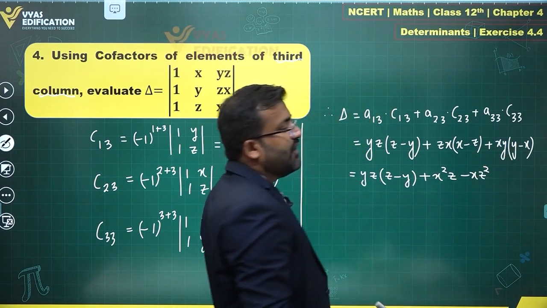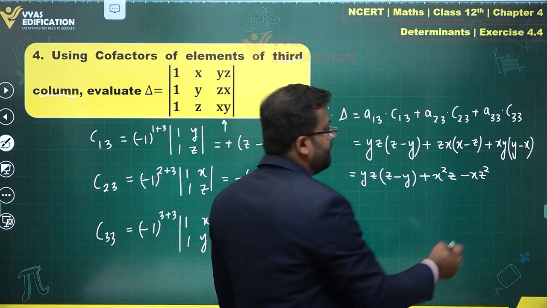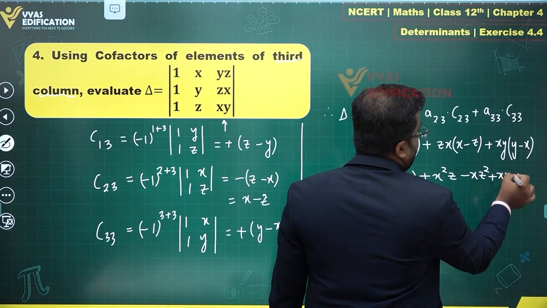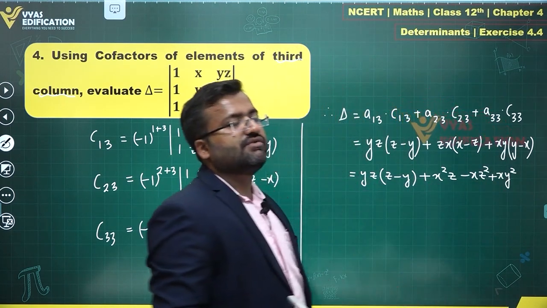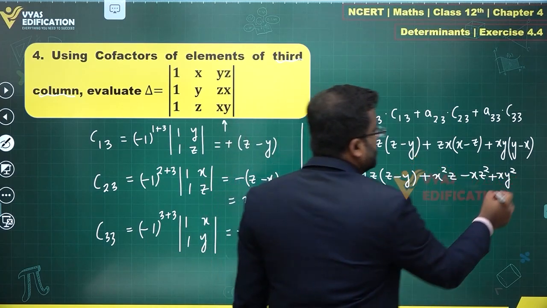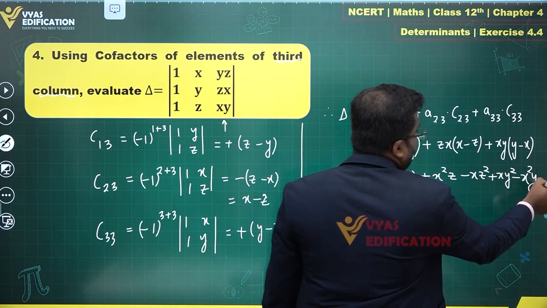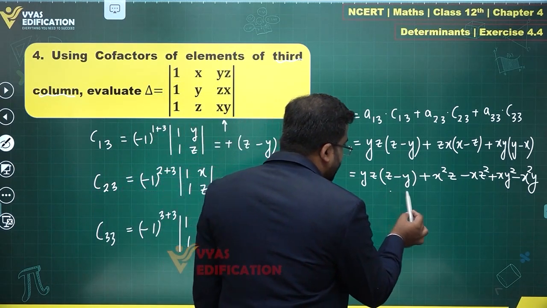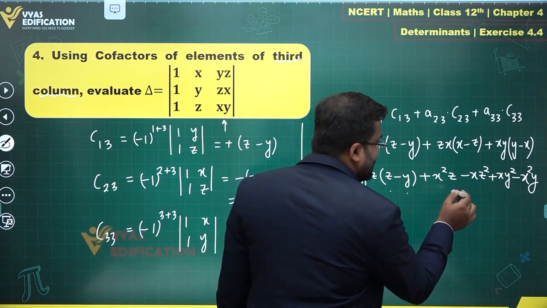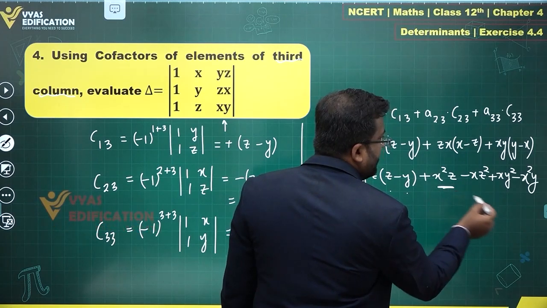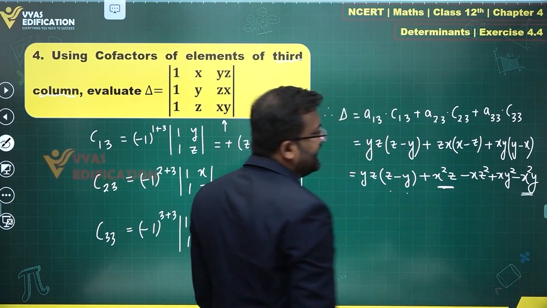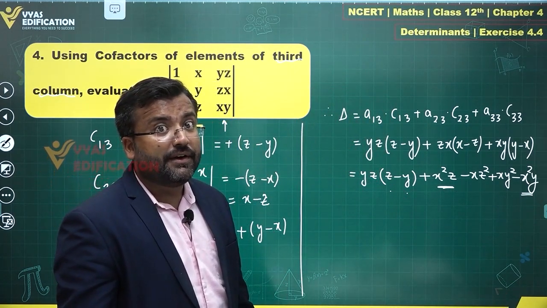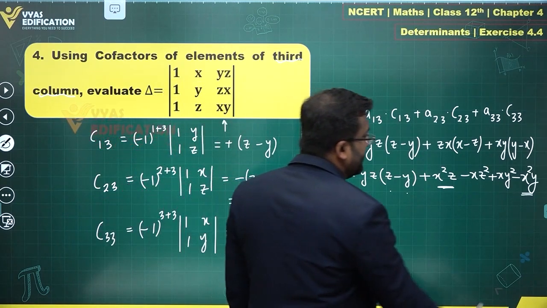Then I have xy times y, which is xy squared with a plus. And I have xy times minus x, which is minus x squared y. Observe, we are interested in this z minus y somehow, and when I see this x squared z and x squared y, I get a z minus y being created over there.